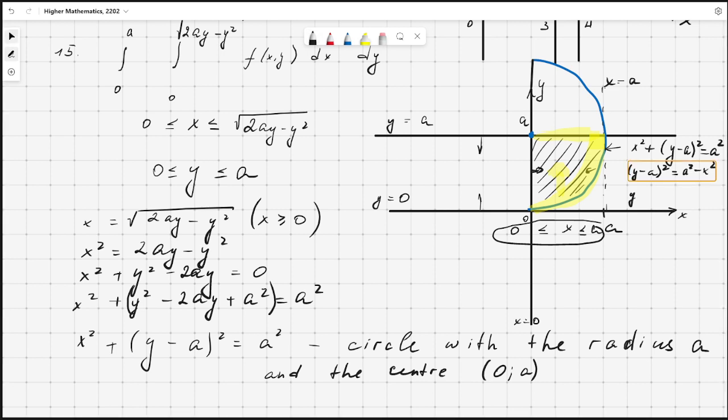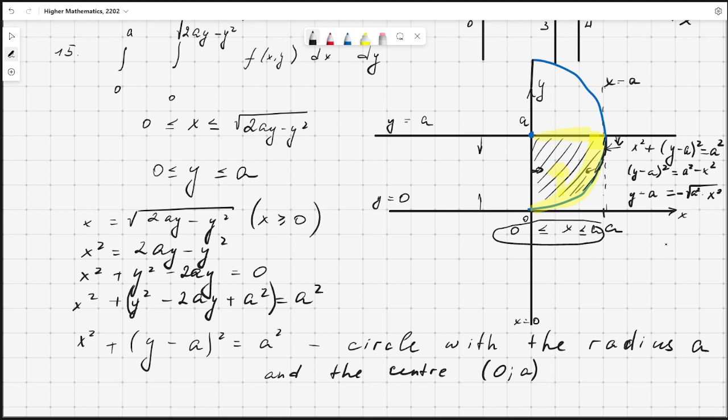And y minus a equals plus or minus square root of a squared minus x squared. But this part lies lower than the line y is a, the line of symmetry of the circle. It means we will have minus, because it is lower than the line y is a.